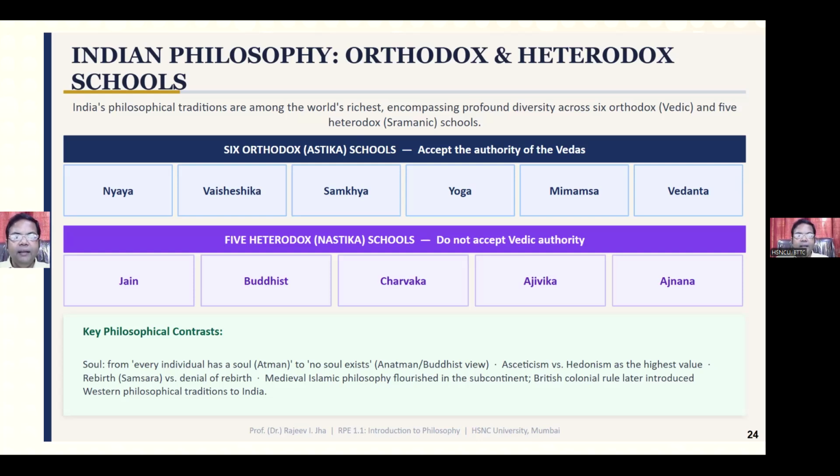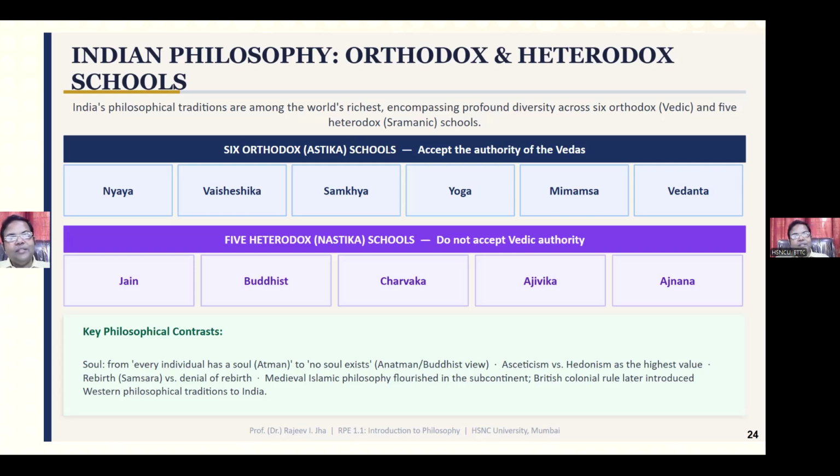As researchers in India, you are inheritors of this tradition. Your research is not value neutral. It carries the philosophical DNA of the tradition in which you were formed. Recognize it, examine it, and be accountable to it.